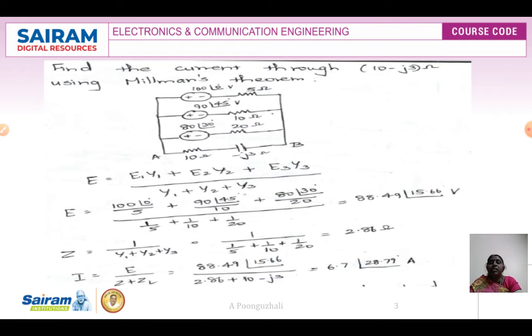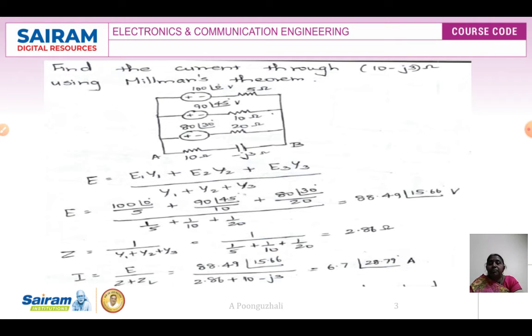Here, E1 is 100 phase angle 0 divided by 5, plus 90 phase angle 45 divided by 10, plus 80 phase angle 30 divided by 20, divided by 1 by 5 plus 1 by 10 plus 1 by 20. Divide, convert to rectangular form, add, and convert back to polar. You get the voltage source 88.49 phase angle 15.66.